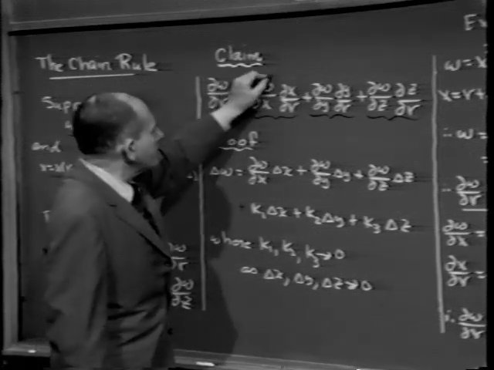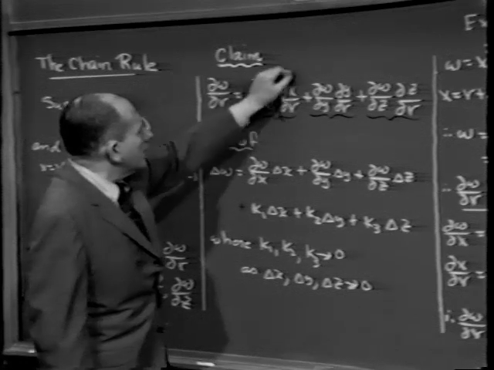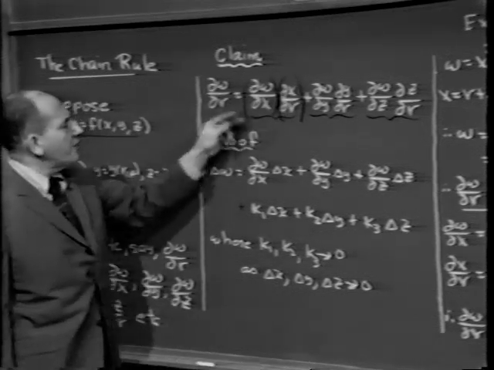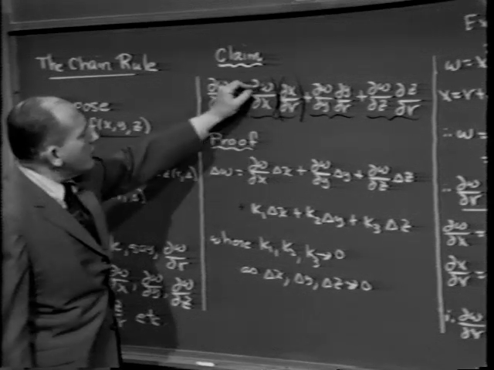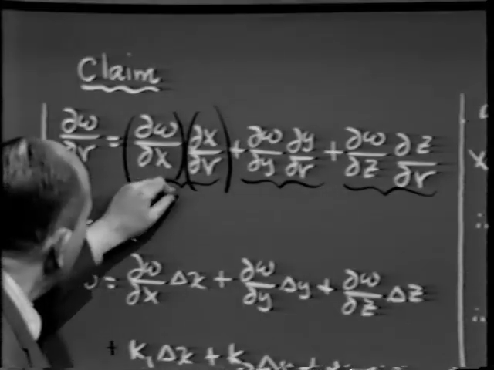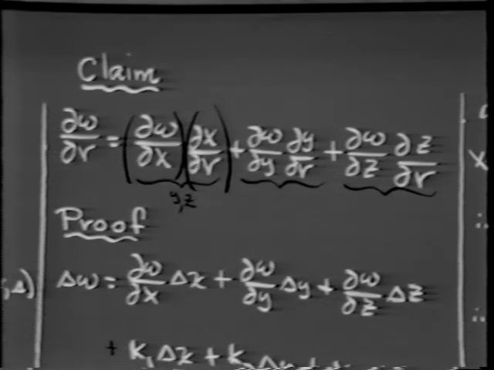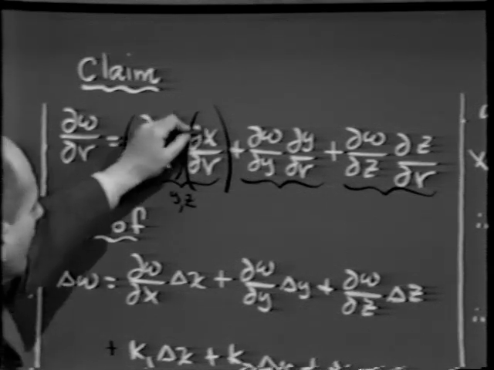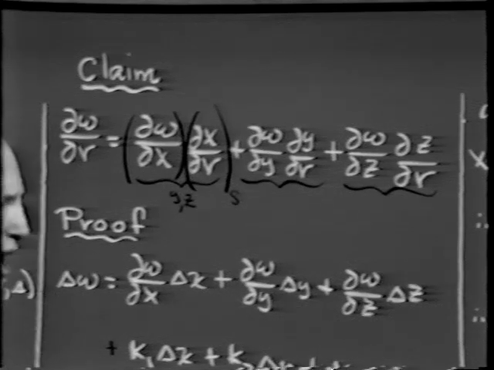Notice again, though, why I have made such a fetish over labeling the variables. Notice that when you're taking the partial of w with respect to x, you're assuming that y and z are the variables that are being held constant. And when you're taking the partial of x with respect to r, it's s that you're assuming is being held constant.